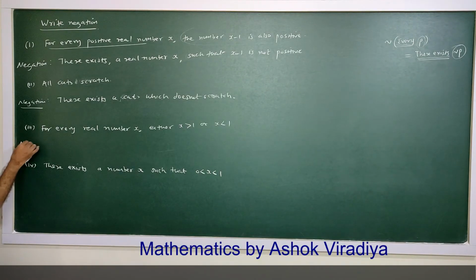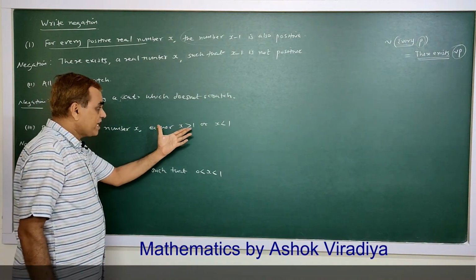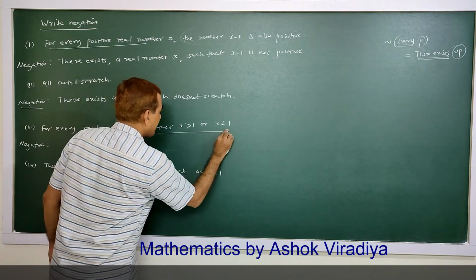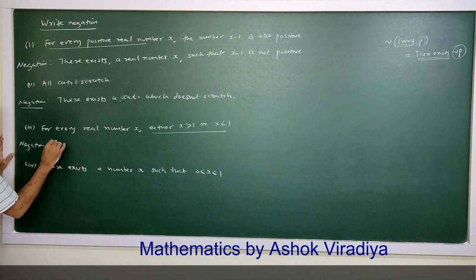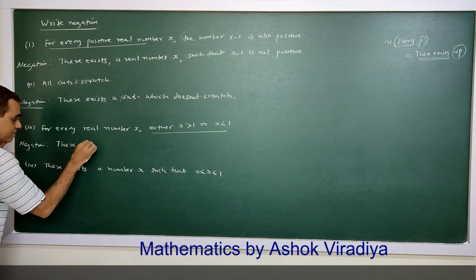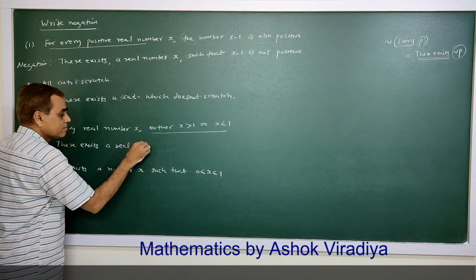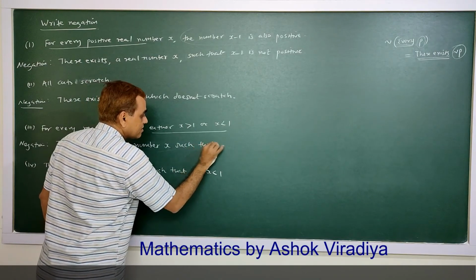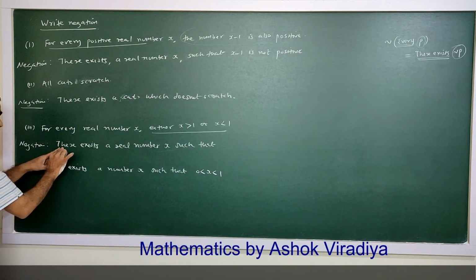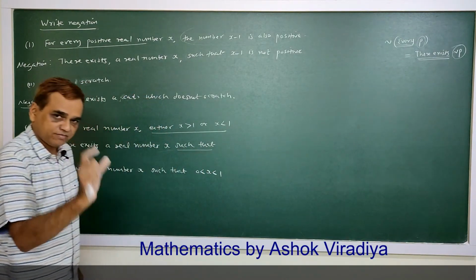Here, by a similar method: for every real number x, either x is more than 1 or x is less than 1. This is a property for all real numbers x. Now its negation is, there exists a real number x such that, see, whenever we begin a statement with there exists, these words suit.